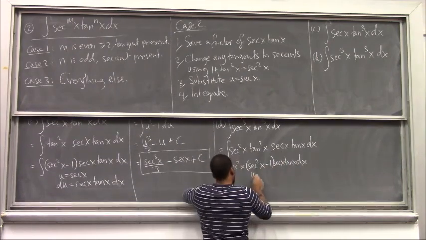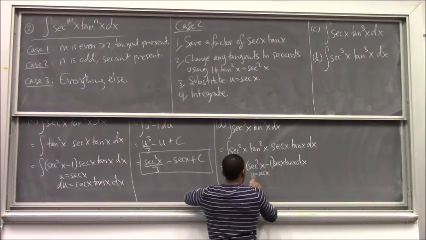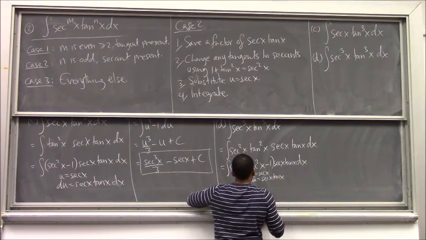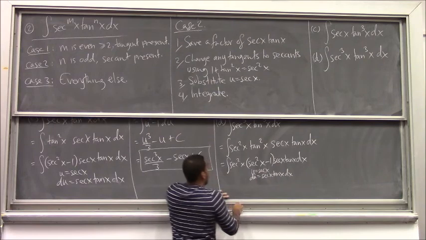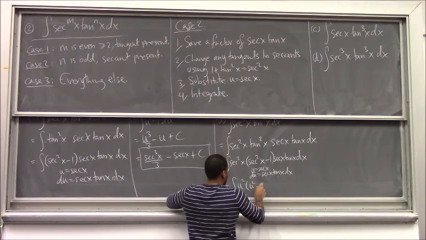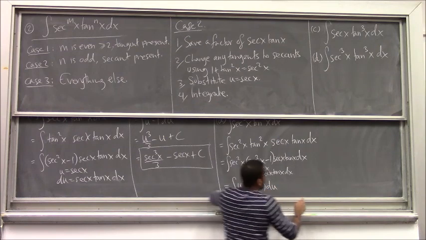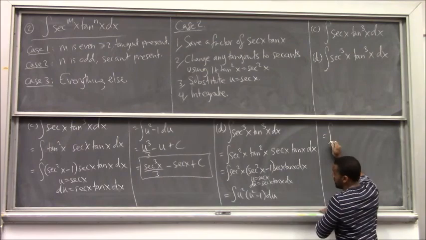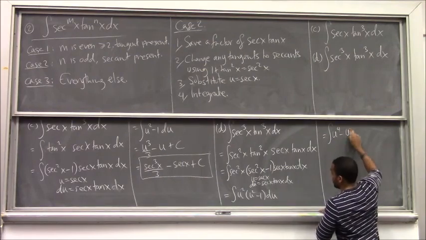I'm going to do u equals secant, du equals secant tangent. This means I get a u squared times u squared minus 1. This is u to the 4th minus u squared.